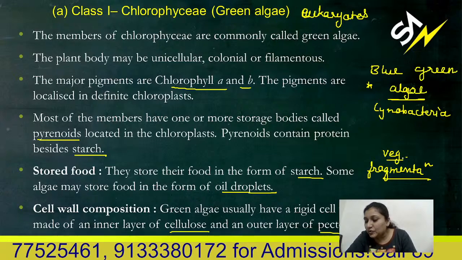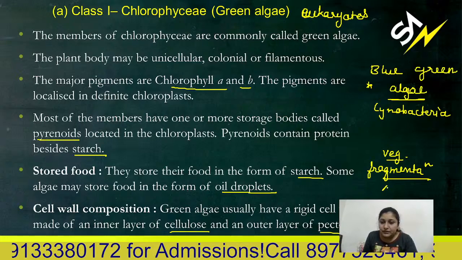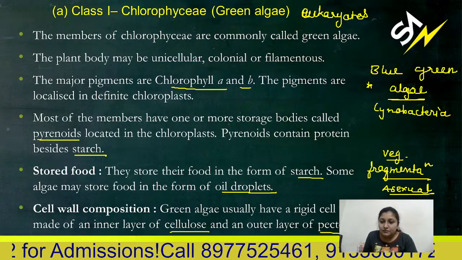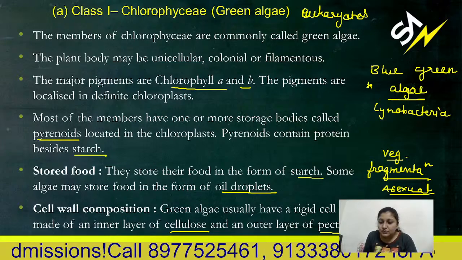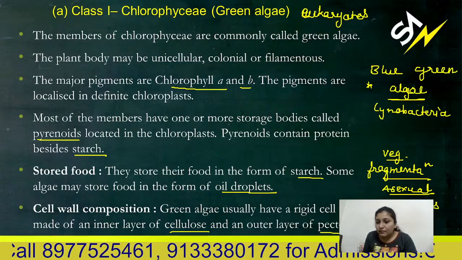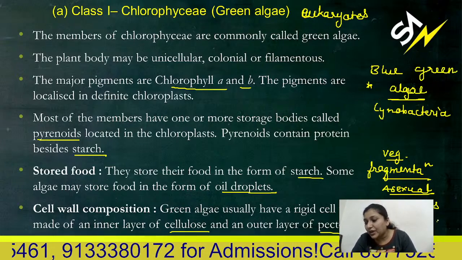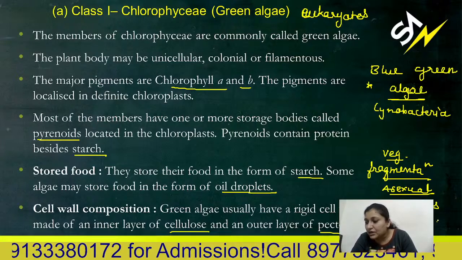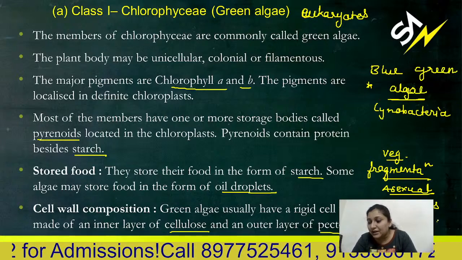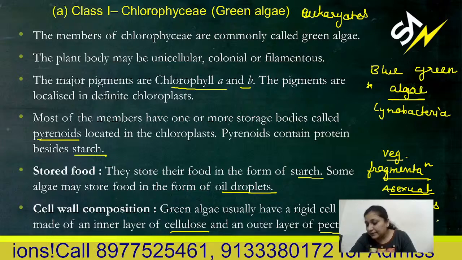And sexual reproduction can be isogamous, anisogamous, or oogamous. Some commonly found green algae examples are Chlamydomonas, Volvox, Ulothrix, Spirogyra, and Chara.